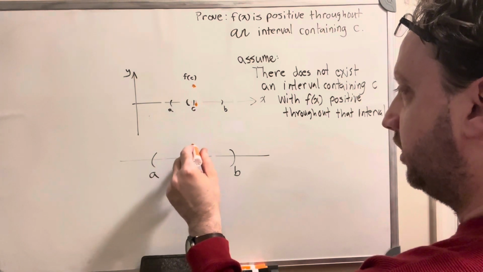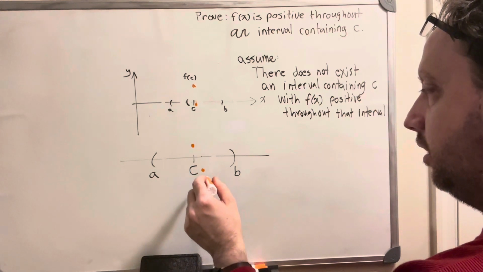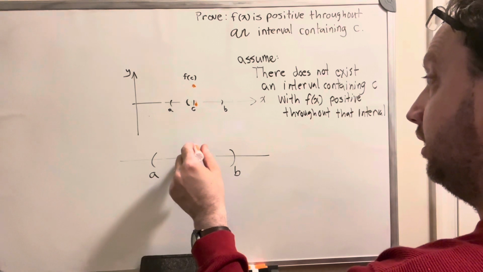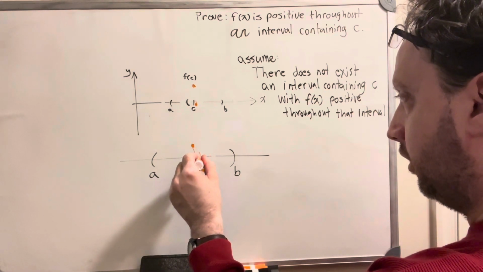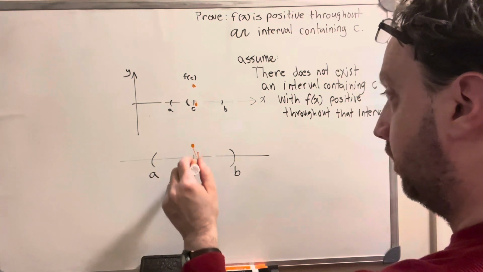Is there any way to get from here to here without having some positive values? Because if it's like this, you could draw your open interval boundaries right here.